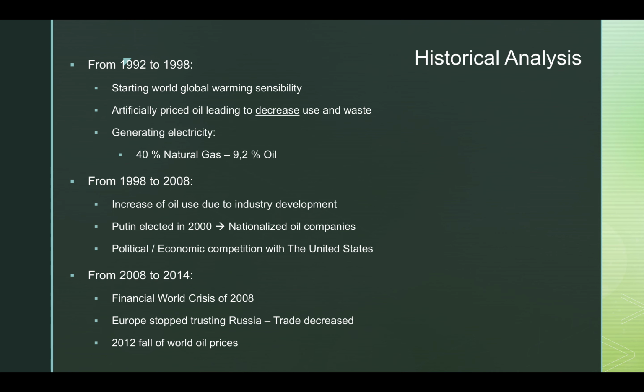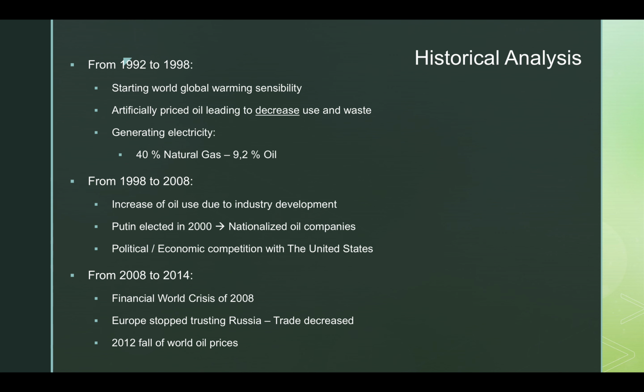From 1998 to 2008, we noticed an increase of oil use due to the industry development of that period. Putin was elected in 2000 and nationalized oil companies in the country, which led to competition and an increase between the national oil companies.